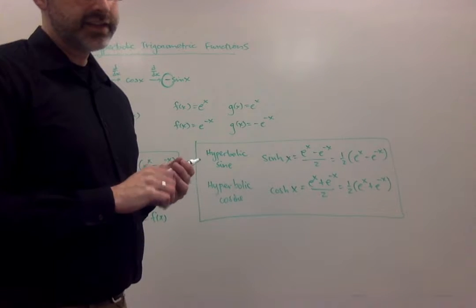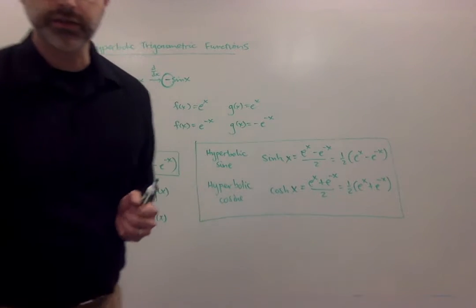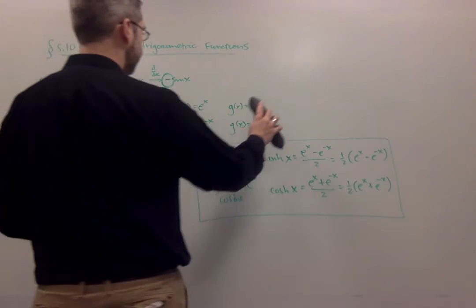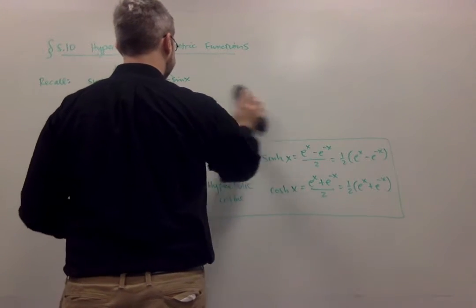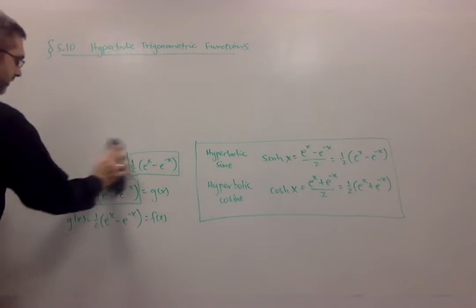So let's explain a little bit, first of all, why are these called hyperbolic functions? I'm going to just leave this here for a second. Why are these called hyperbolic functions?